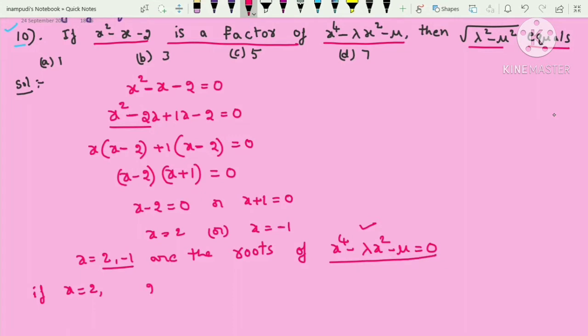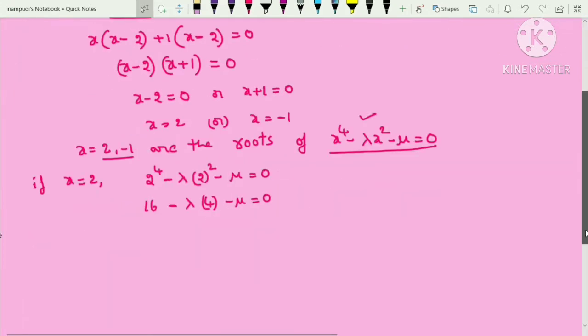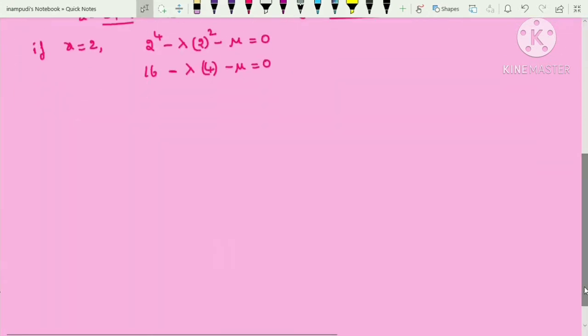We get 2^4 - λ·2^2 - μ = 0. 2^4 = 16, so 16 - 4λ - μ = 0.